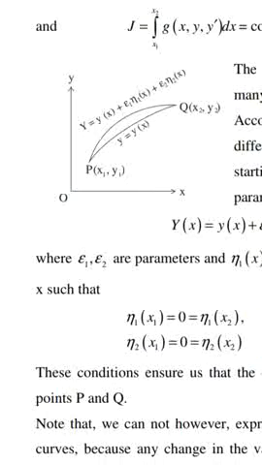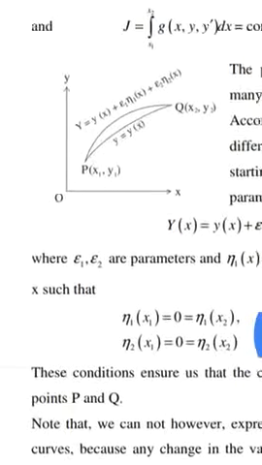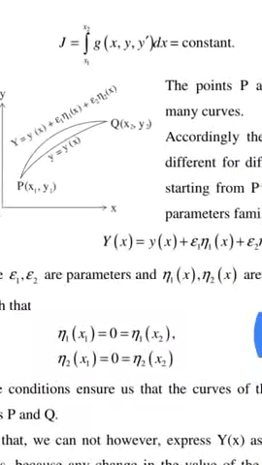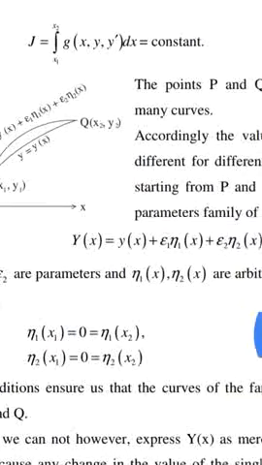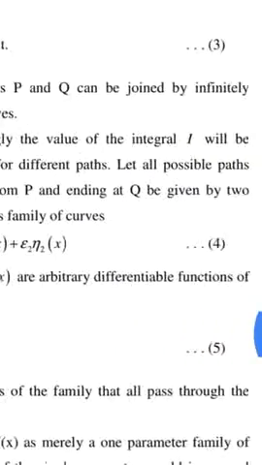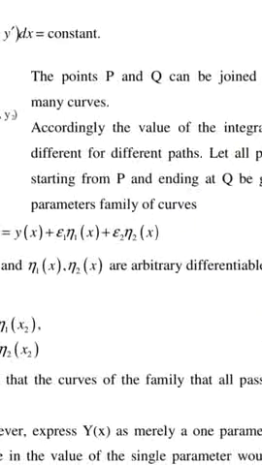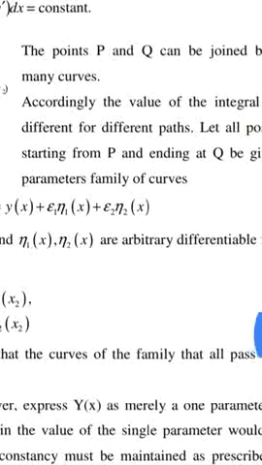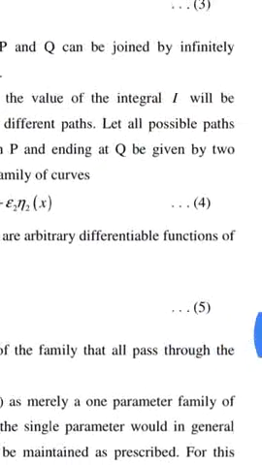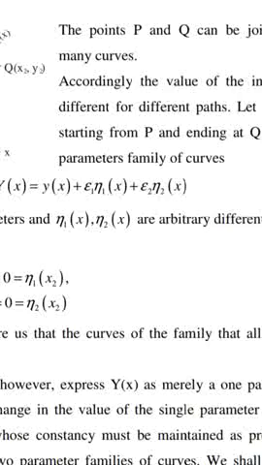Consider in the xy coordinate system 2 points, and a curve passes through P and Q. Now this curve is y of x, and the varied curve is y of x plus epsilon 1 eta 1 of x plus epsilon 2 eta 2 of x. The points P and Q can be joined by infinitely many curves, and the value of the integral I will be different for different paths.